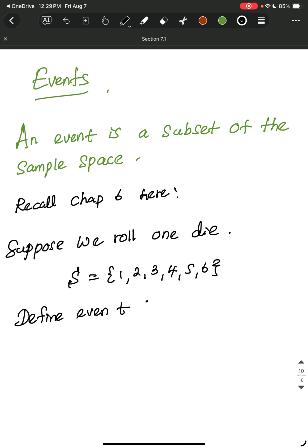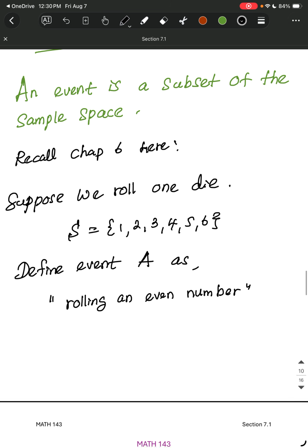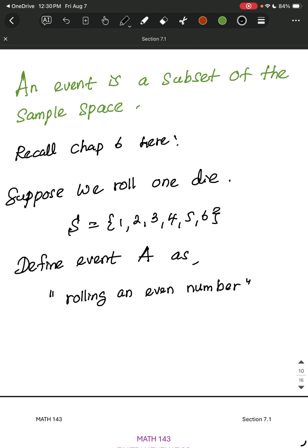Define event A as rolling an even number. So, what are the even numbers? 2, 4, and 6. Then the event A is 2, 4, 6. This is an event because it contains some of the outcomes from the sample space, right? Okay.